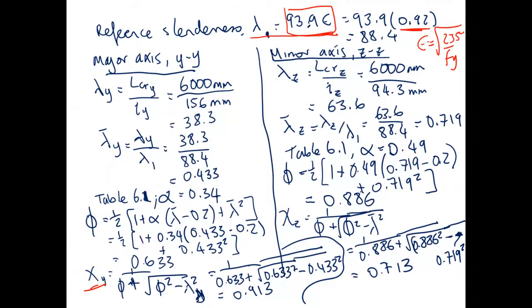So I've got the reduction factor about the y-axis as 0.91, whereas the reduction factor about the z-axis is 0.713. So this one is going to be the critical one because it's a smaller number.